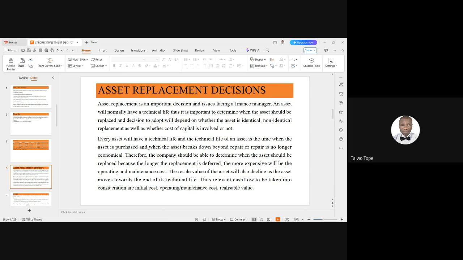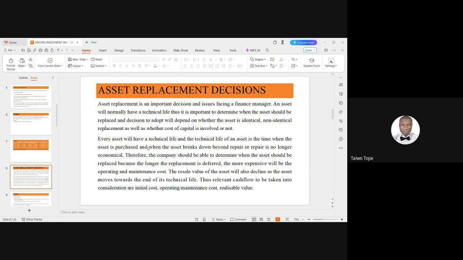As assets age, operating and maintenance costs rise, that is, repairs become frequent and costly. Resale value falls, so less can be recovered if the asset is sold. Delaying replacement too long may actually increase the overall cost. That is why an organization needs to have a replacement policy.